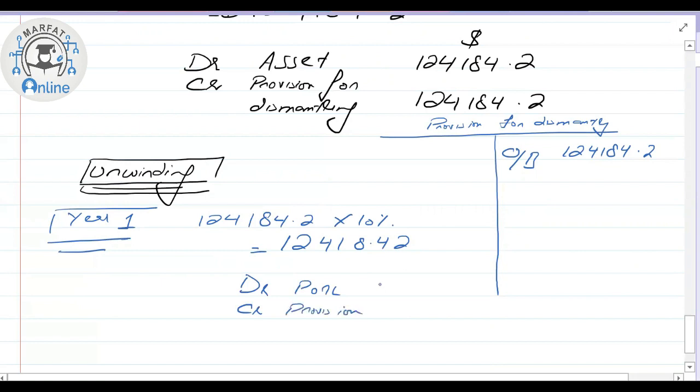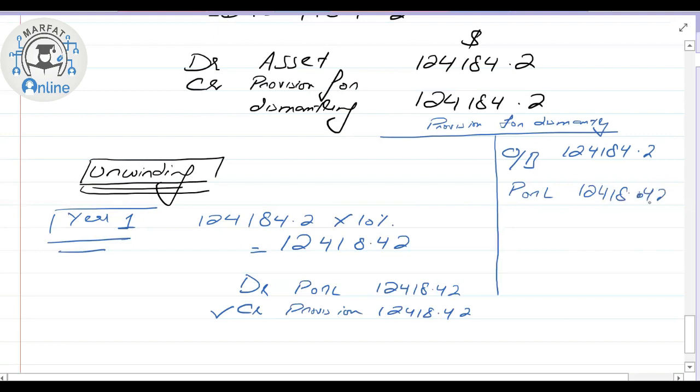With this amount, we will increase the liability by 12418.42. So you look, this provision account is credited by profit or loss 12418.42.